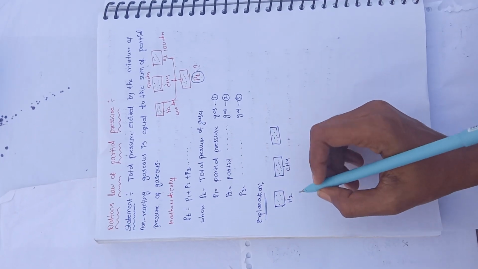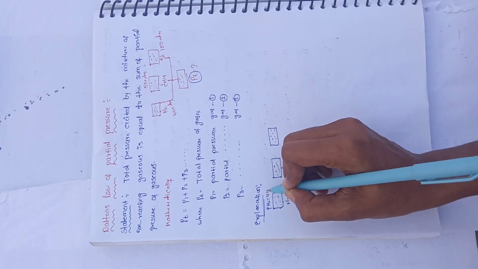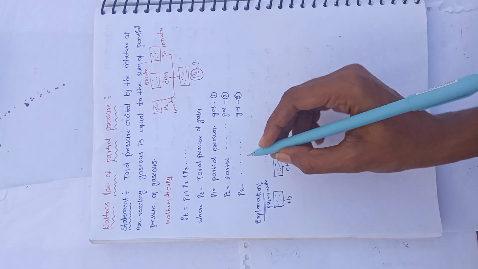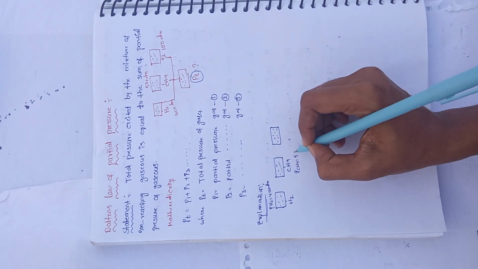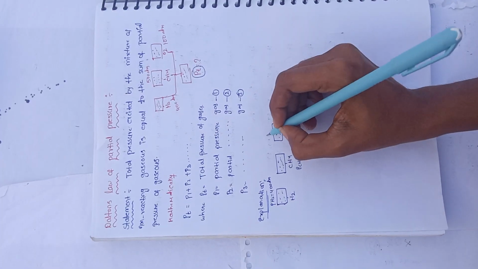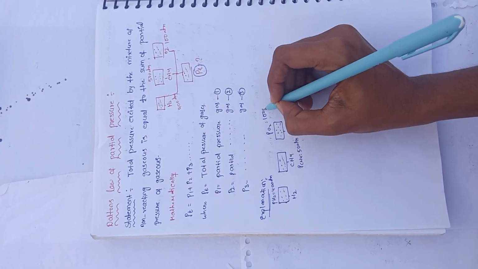The partial pressure of H2 is equal to 400 atm, the partial pressure of CH4 is equal to 500 atm, and the partial pressure of O2 is equal to 100 atm.